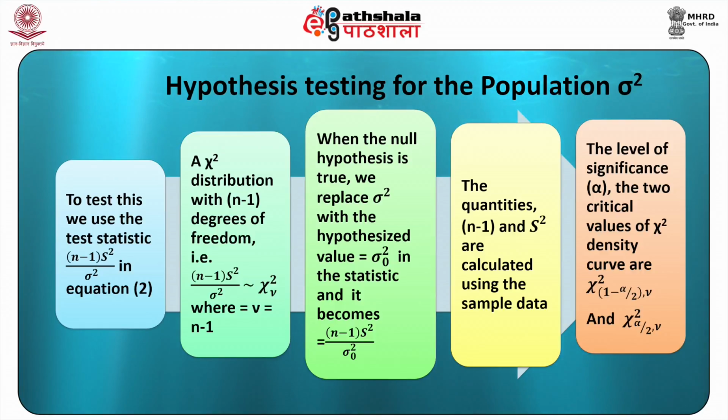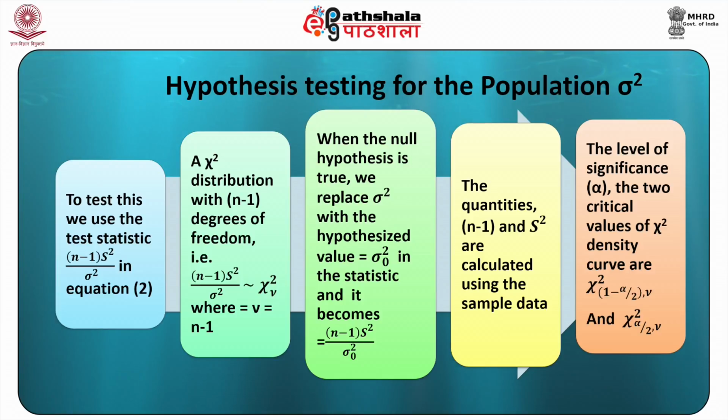Now, we can simplify this, and if you substitute the value of sigma square equal to sigma 0 square under the null hypothesis, then the test statistic becomes equal to n minus 1 into S square upon sigma 0 square. Now, the quantities n minus 1 and S square are calculated using the sample data.